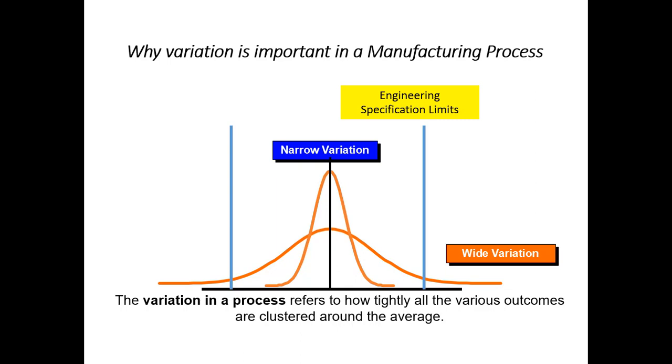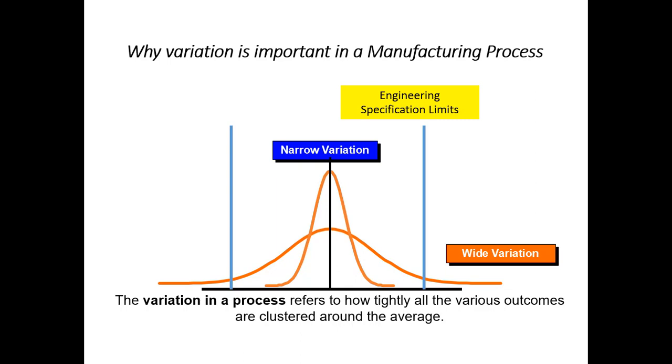All right, let me spend a minute or two just talking about why variation is so important in a manufacturing process. So imagine you're creating a certain part, perhaps a part for a motor. You know that down the line, this part needs to fit together with other parts.